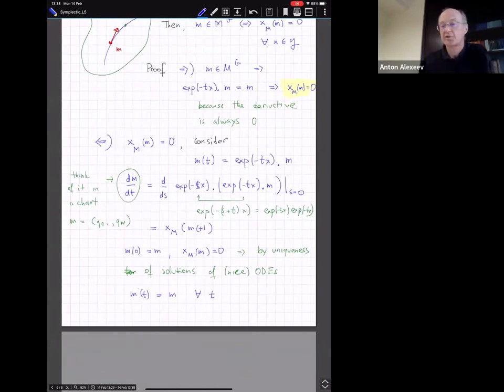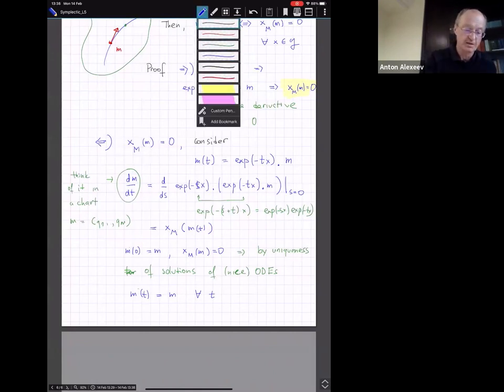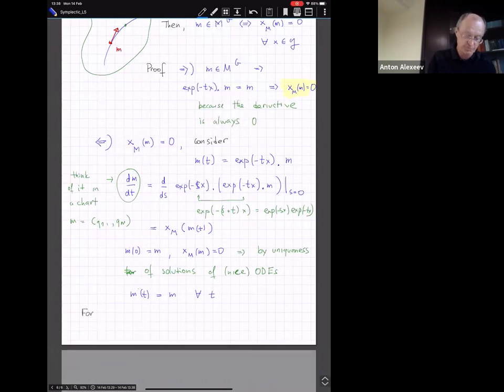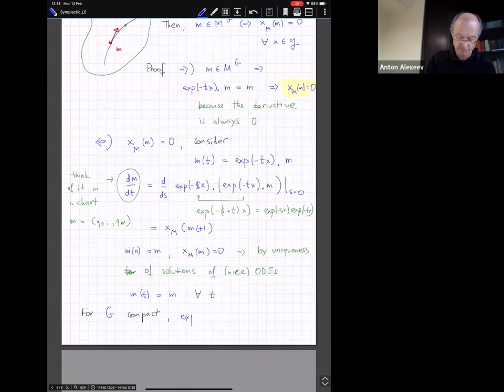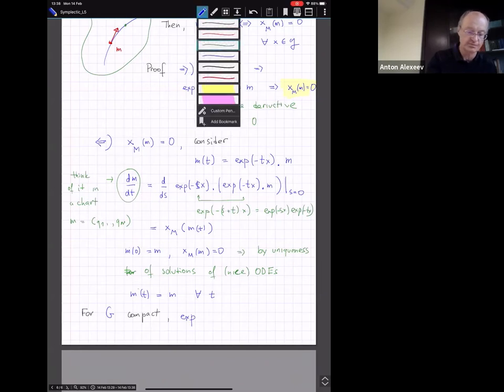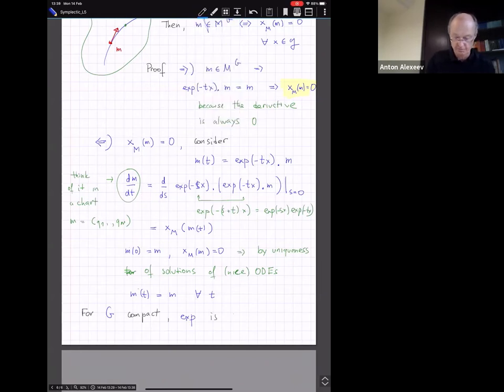Now, I've shown that everything which is in the image of the exponential map doesn't move m. Now, for G compact, the exponential map is surjective, and we are done.